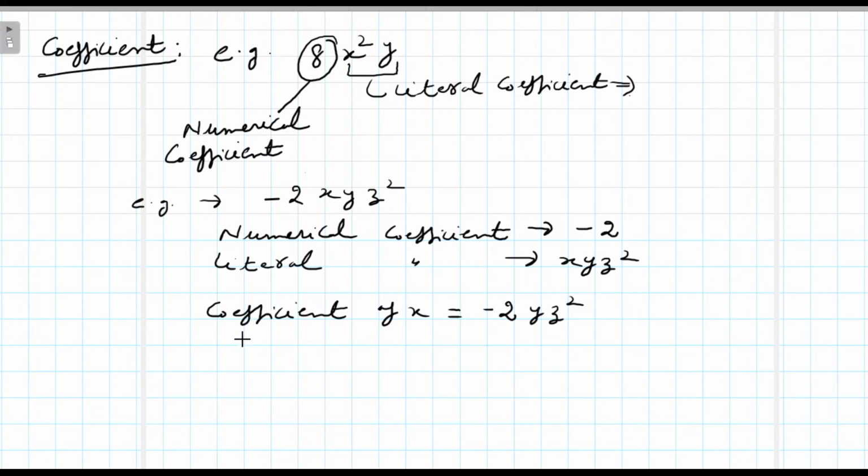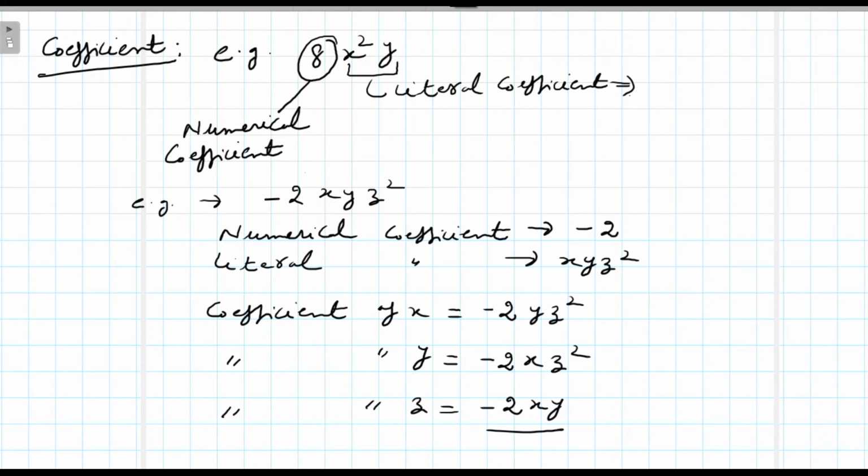In the coefficient of y, you have to leave y, all the remaining would be minus 2xz square. In the same way, the coefficient of z would be, excluding z, the remaining portion. Right? So these were coefficients of an algebraic expression, right?